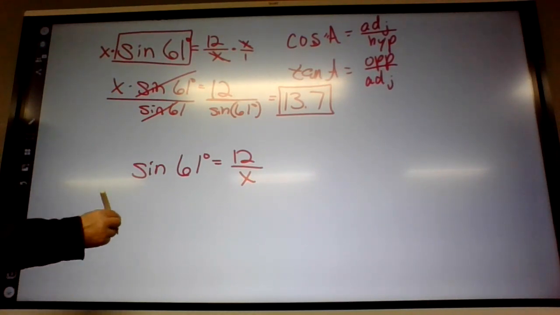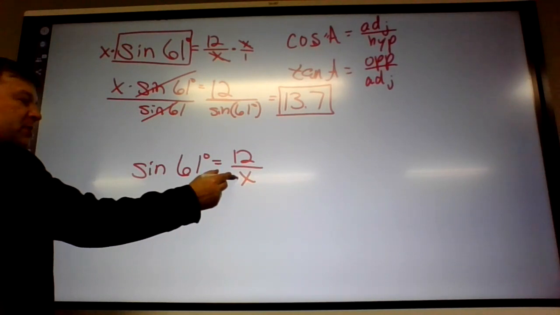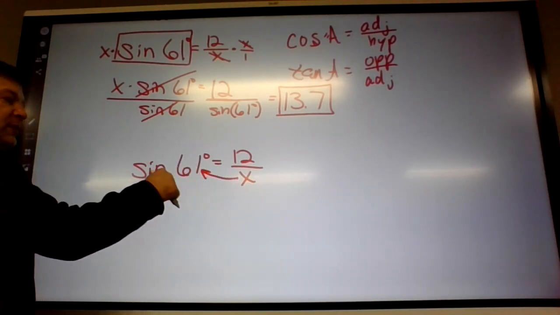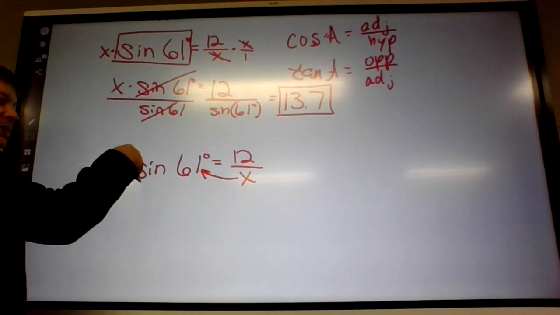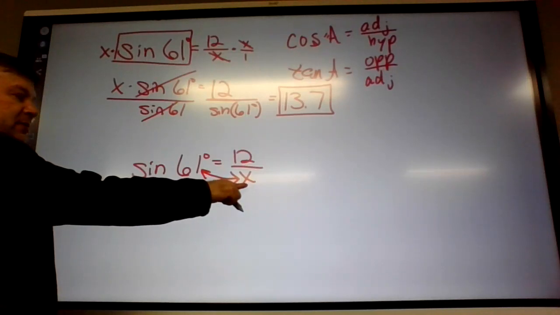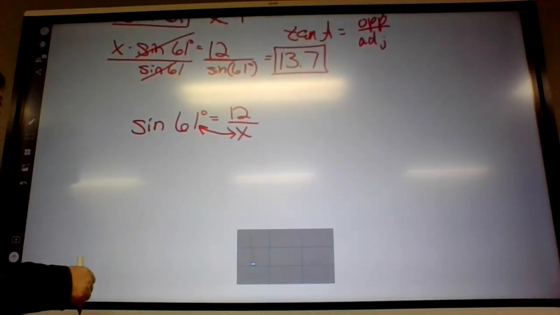Okay, let's recap what just happened, because this isn't as hard as it seemed. If you see the pattern, then it's pretty quick. When x was in the denominator, I multiplied by x, that moved it up on this side. But then I divided by sine of 61, that moved it down. So the x and the sine of 61 exchanged places.